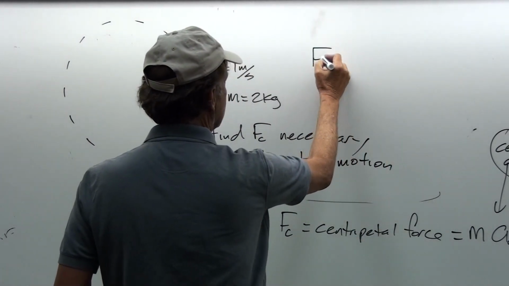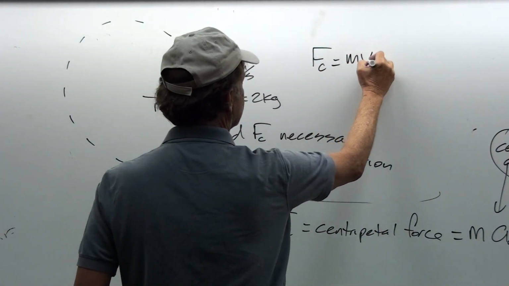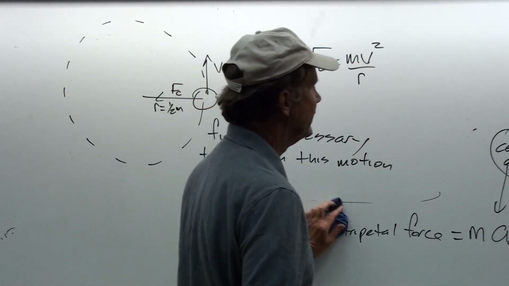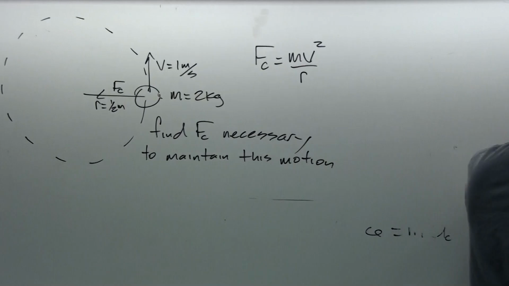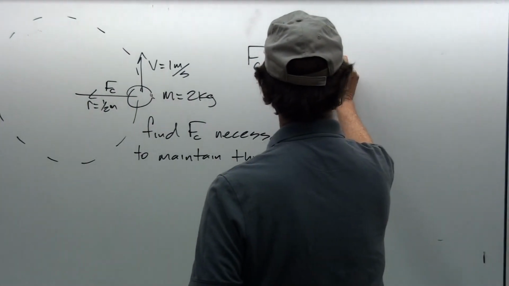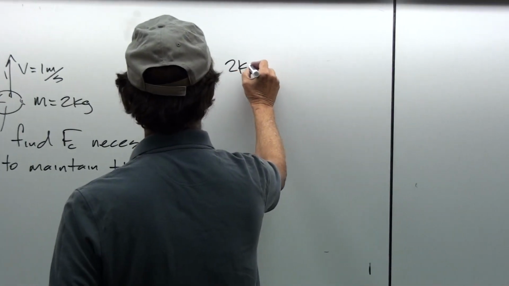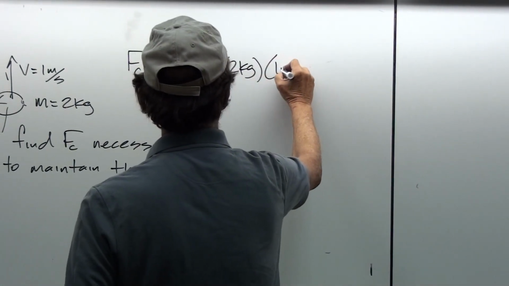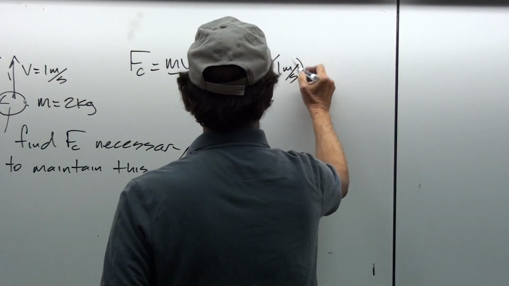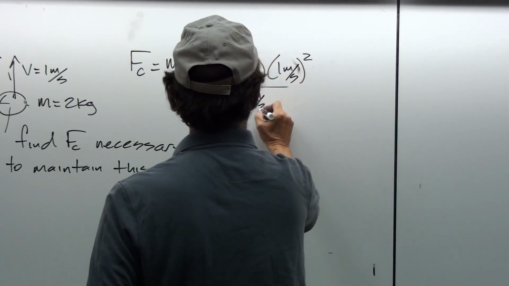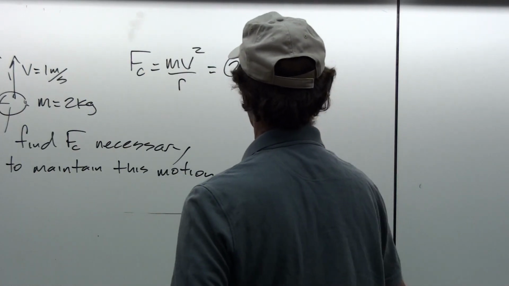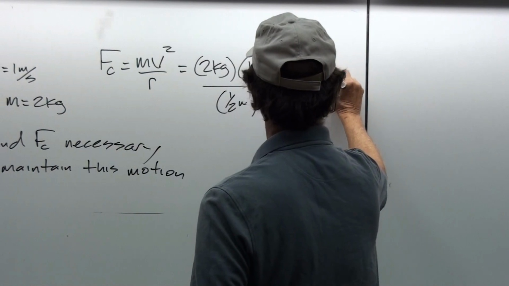And we know a relatively simple equation. Our centripetal force is mv squared over r. So just plug and chug. We've got all the numbers that we need here. This would be 2 kilograms times 1 meter per second squared over 1/2 meter. 2 times 1 squared over 1/2 would be 4 newtons.